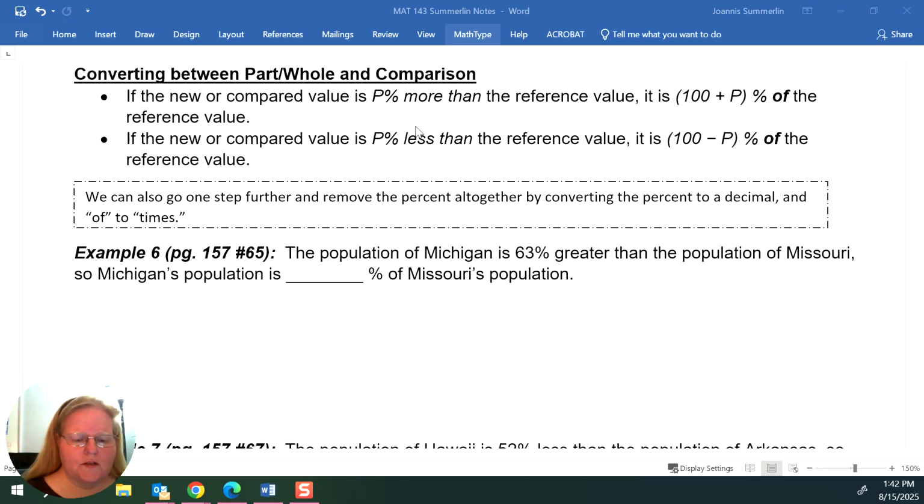So where it says more than, that means we're adding to the 100. Where it says less than, we're subtracting from 100. So when it says the population of Michigan is 63% greater than, that's going to be 100 plus the 63. So that's 163%. This isn't that difficult, I promise.